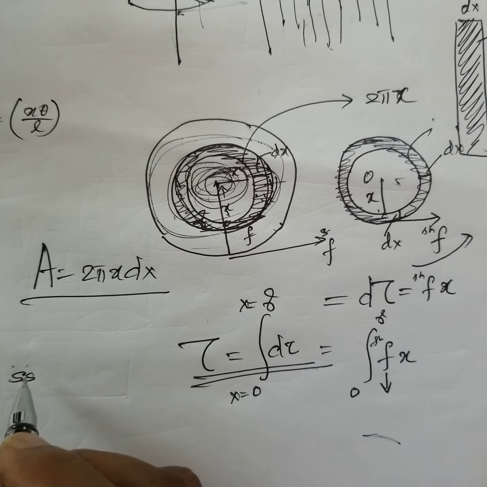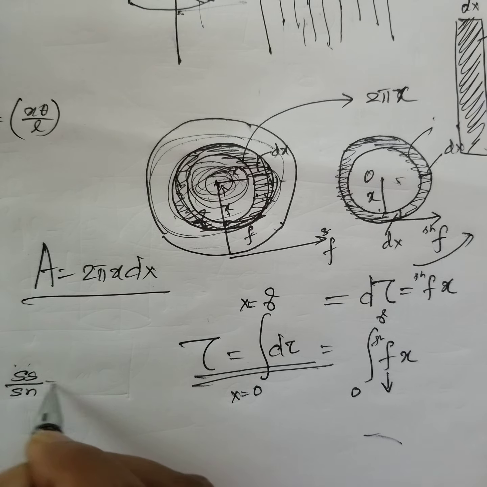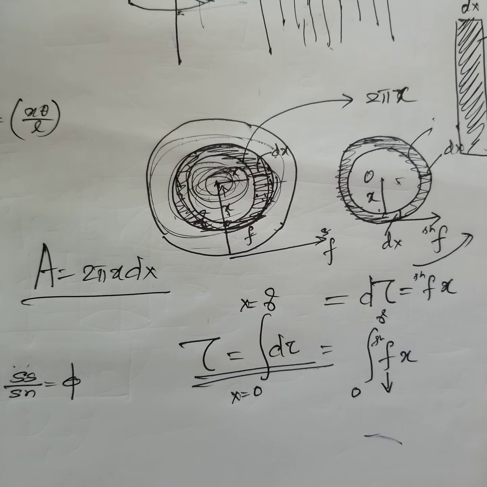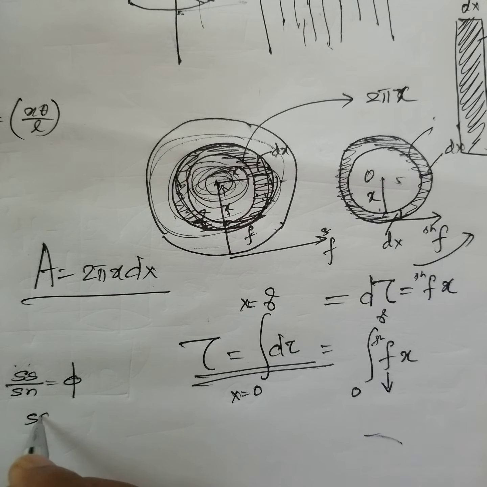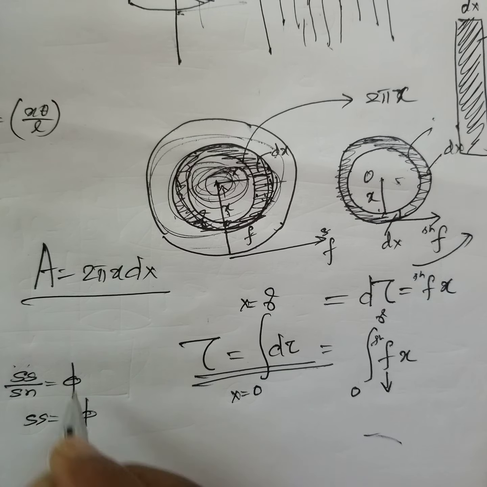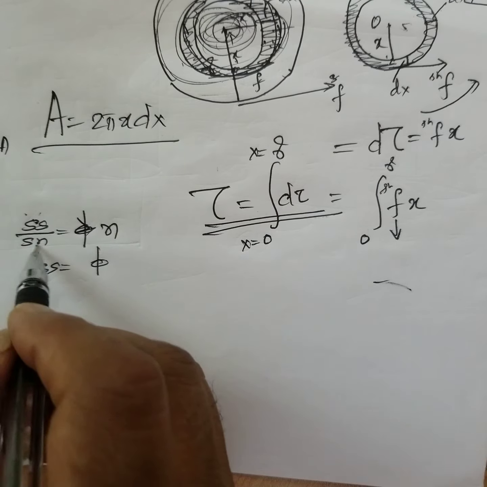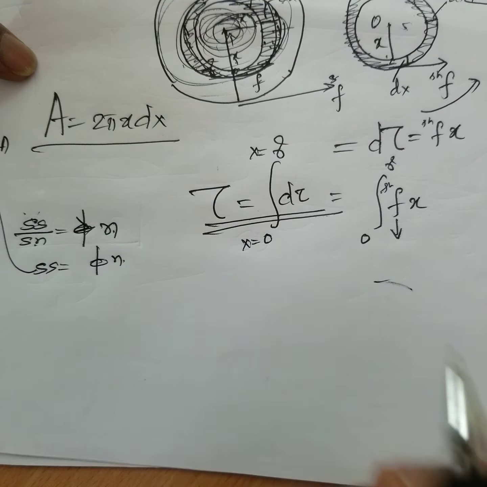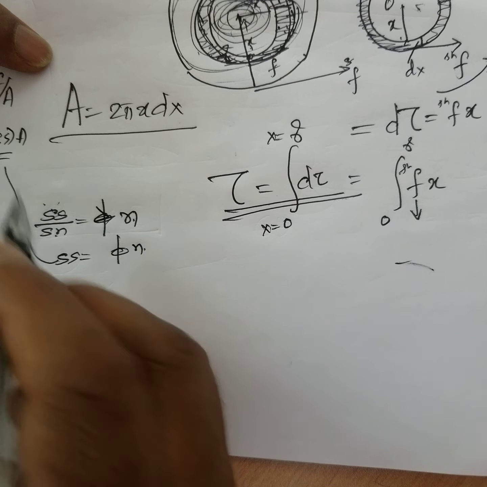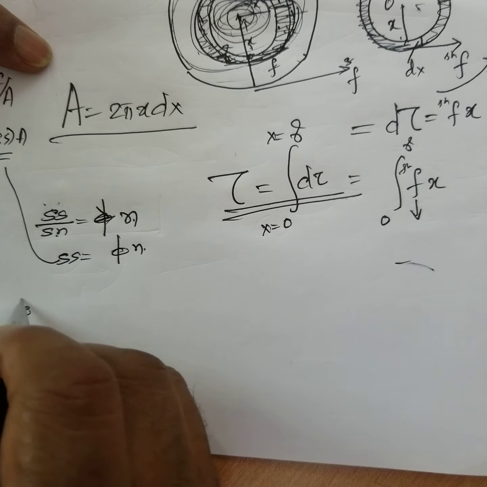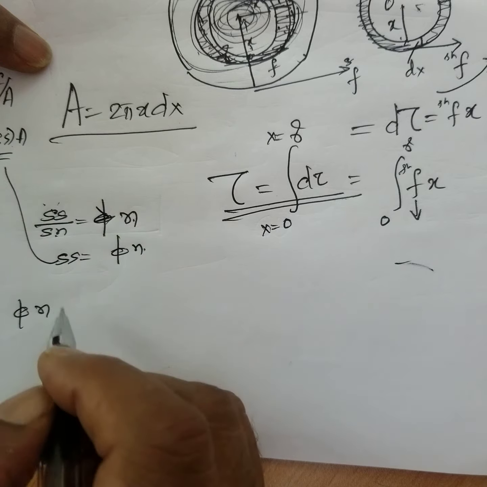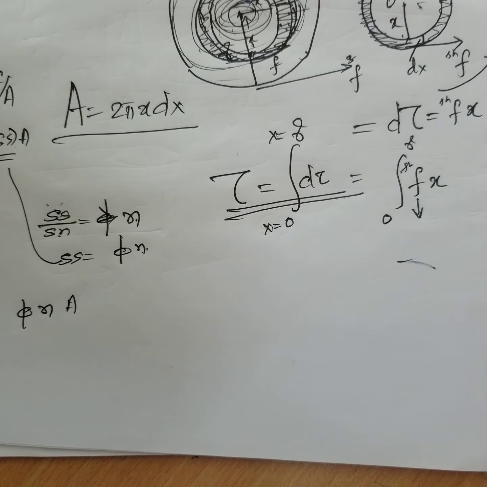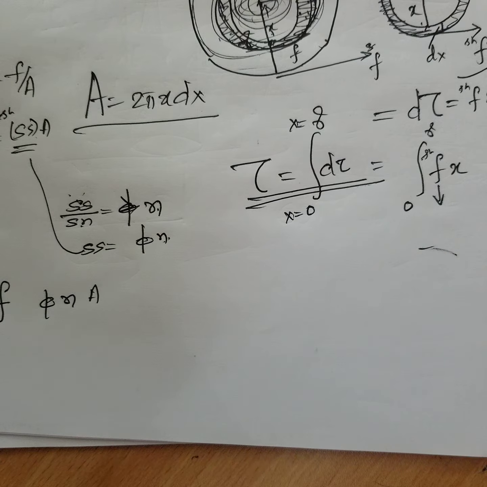Stress by strain is equal to rigidity modulus. Stress is equal to N into phi. Then you substitute here. Therefore, force is equal to what you get? N phi into A. You got it. That only you are doing here.